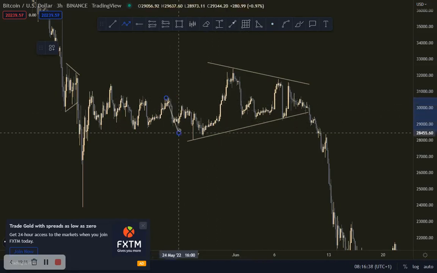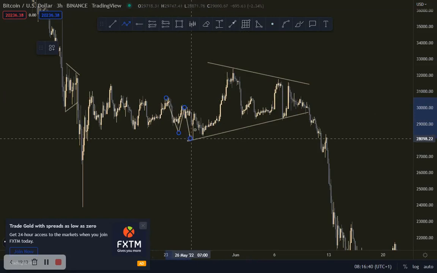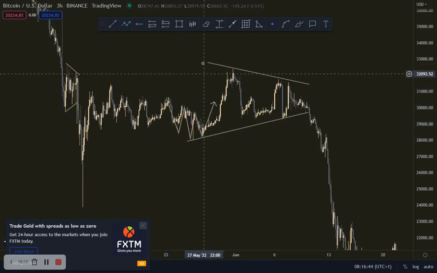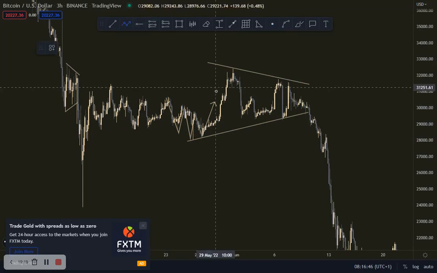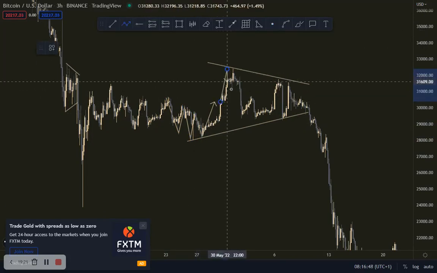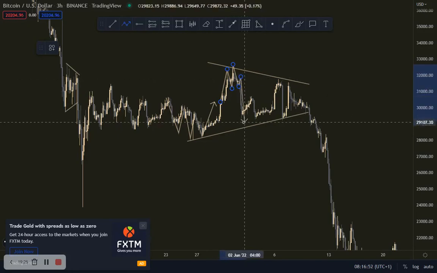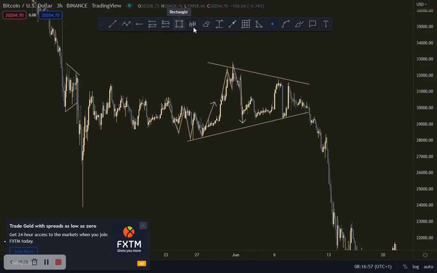This is like the inverse head and shoulder. Price moved up, right? And this is another head and shoulder. Price dropped. What do we see here? We do see a flag pattern, right?